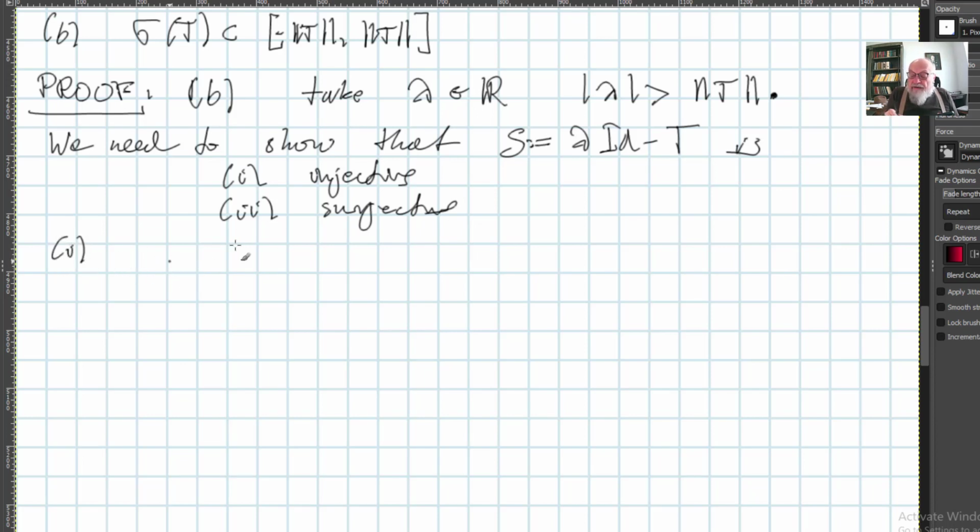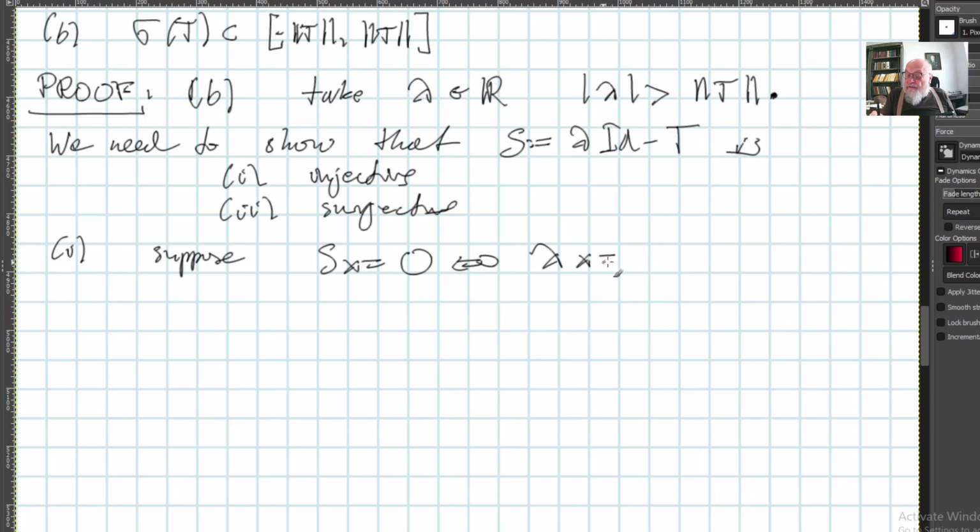For number 1, we just need to show that if you take lambda, suppose x is different than 0 and suppose that S of x is equal to 0.